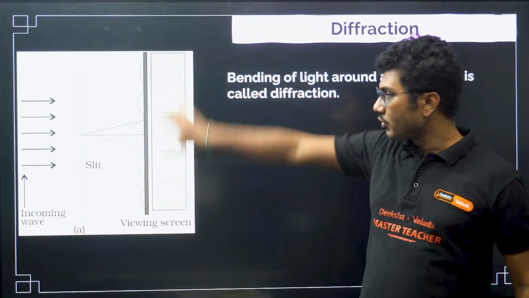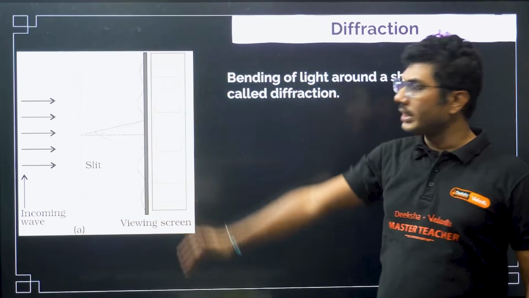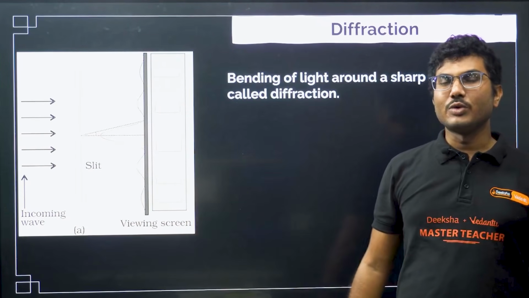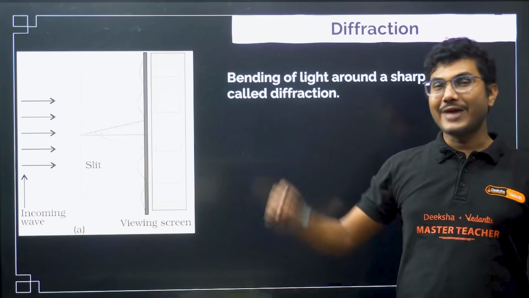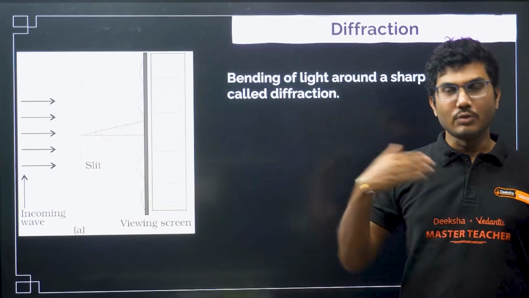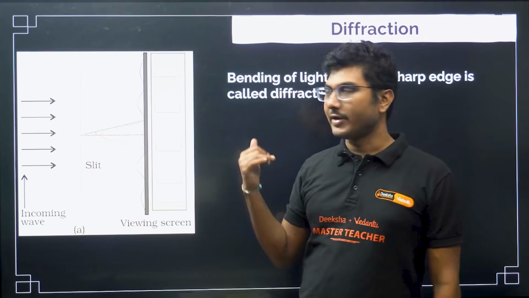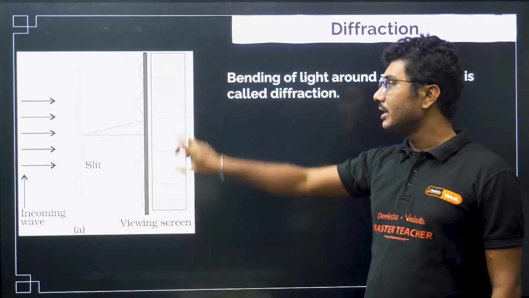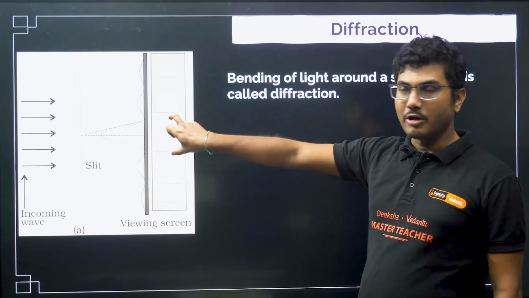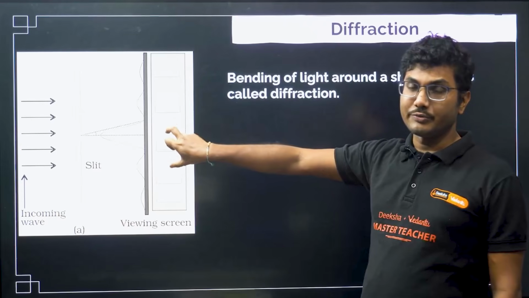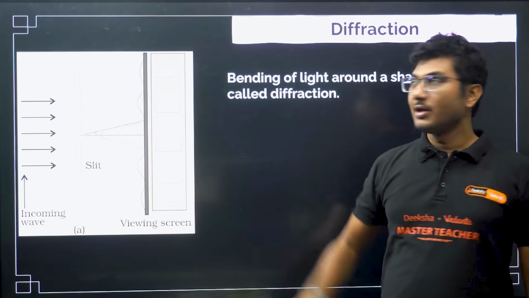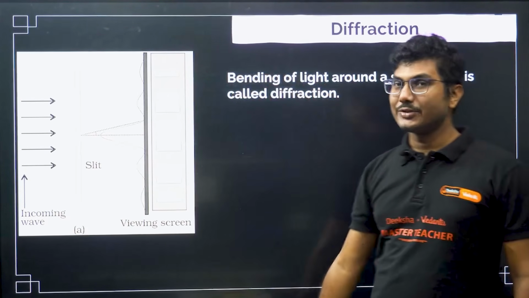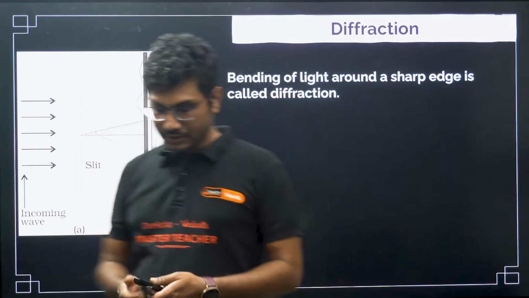If you observe on the screen, you will get equally bright and equally dark patterns. In fact, the central maximum also will be equally bright in case of interference, whereas in case of diffraction, the central position will be the brightest, and the brightness will decrease as you move away, right.